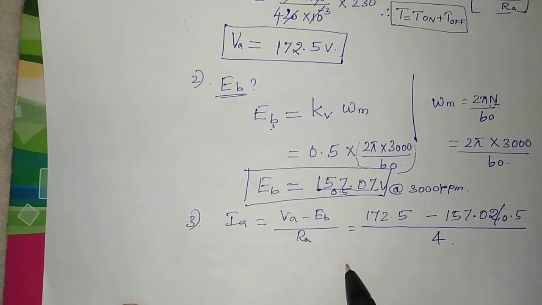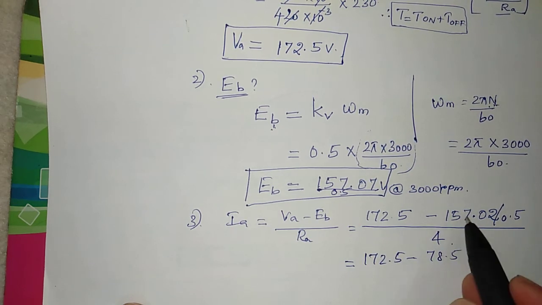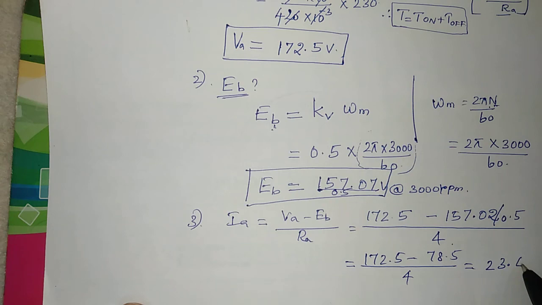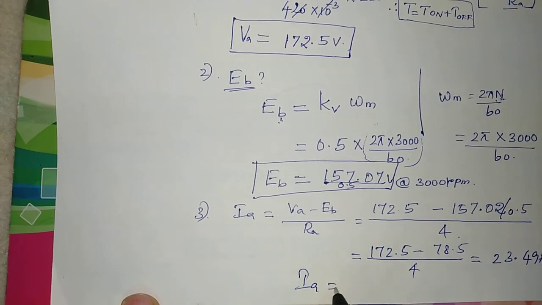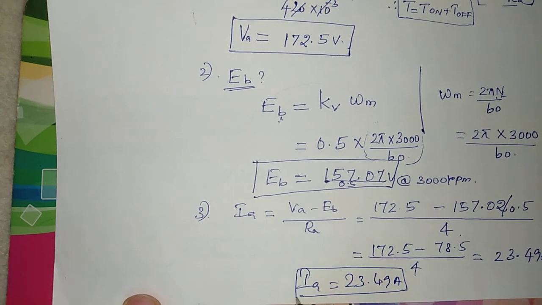Simplifying these answers, this is 172.5 minus 78.5, because 157 divided by 2 is 78.5. The answer is 23.49 amps. So finally the Ia is 23.49 amps. This is our final answer.